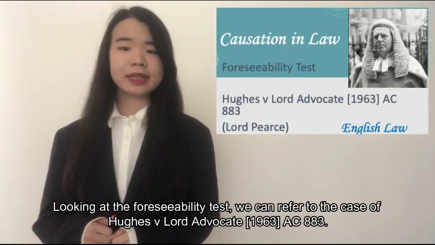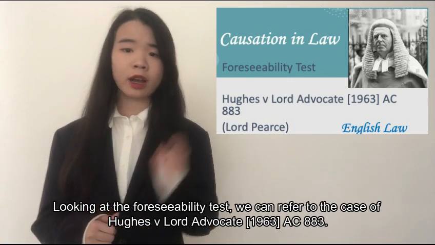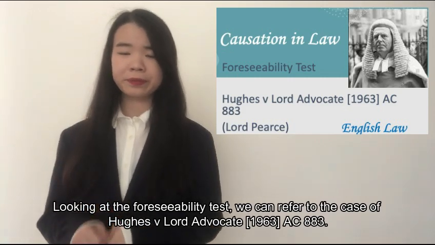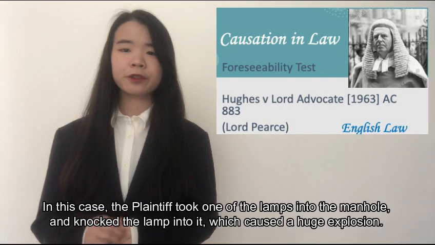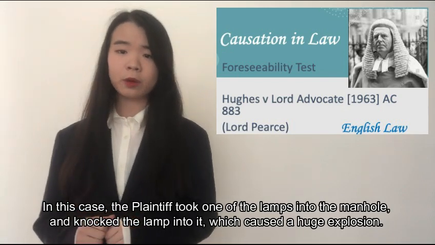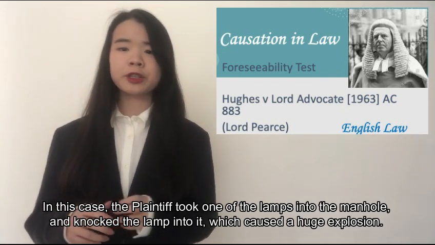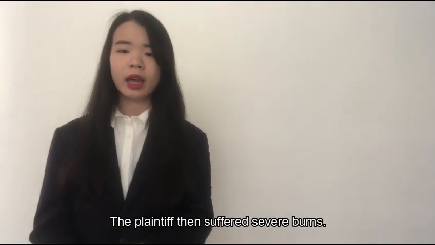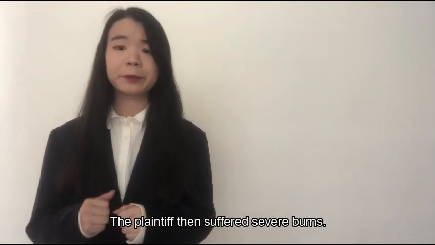Looking at the foreseeability test, we can refer to the case of Hughes v Lord Advocate. In this case, the plaintiff took one of the lamps into the manhole and knocked the lamp into it, which caused a huge explosion. The plaintiff then suffered severe burns.